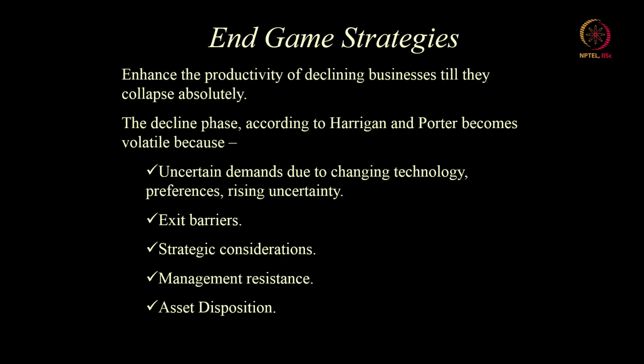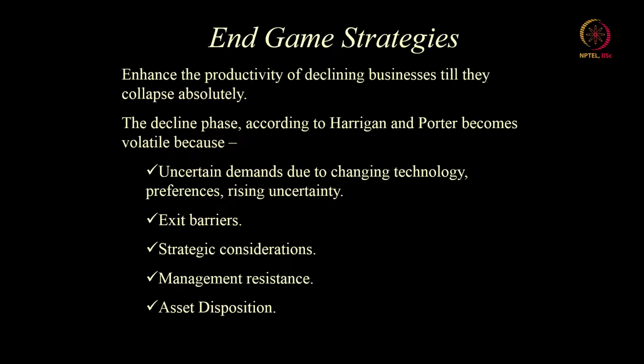This is referred to as end game strategies in our strategic parlance. So, these end game strategies enhance the productivity of declining businesses till they collapse absolutely. So, this is what happened to Ambassador.